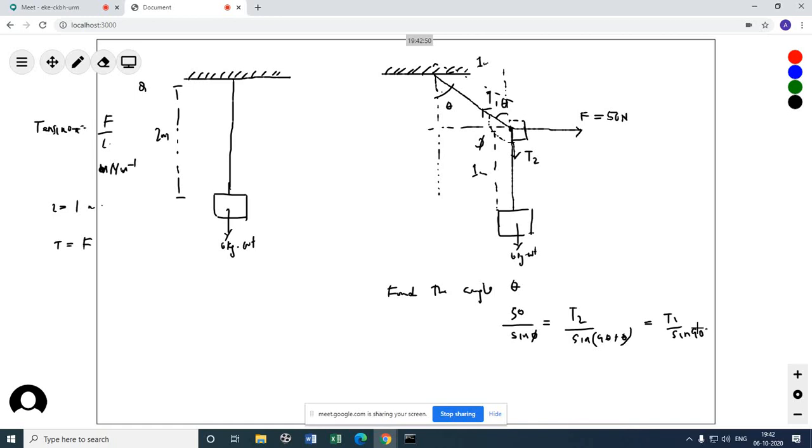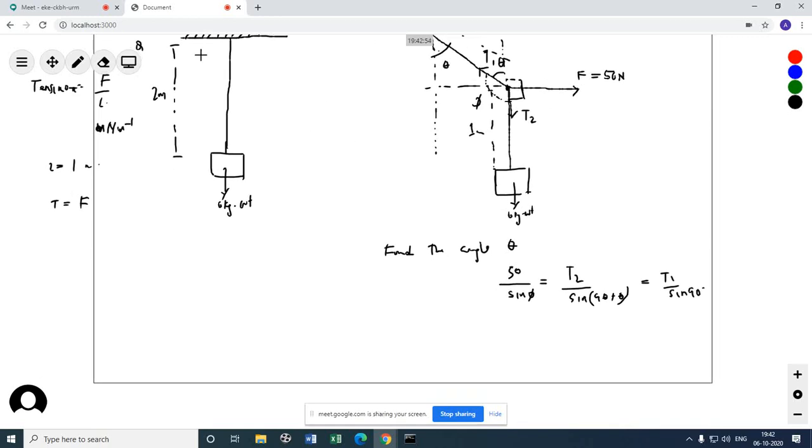Can I write like this or not? Equals constant. Oh sorry, this is T2. This is 50 by sine phi, no problem.